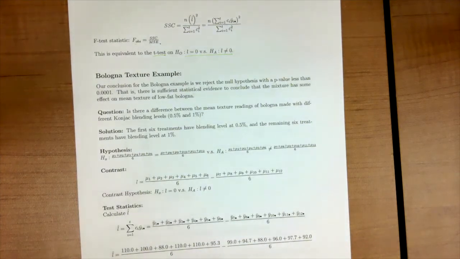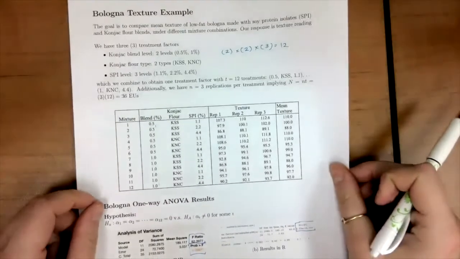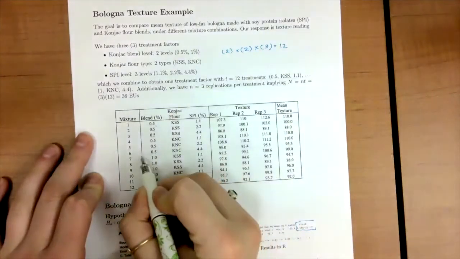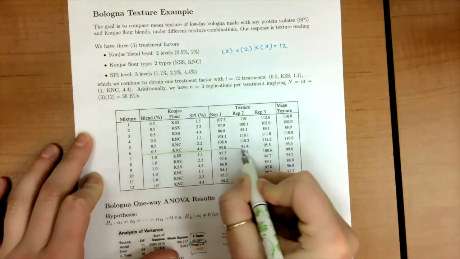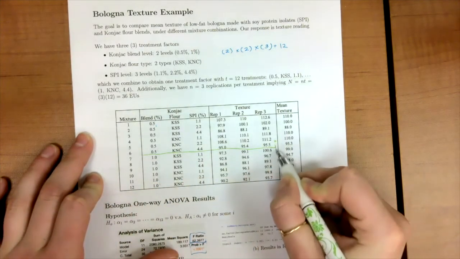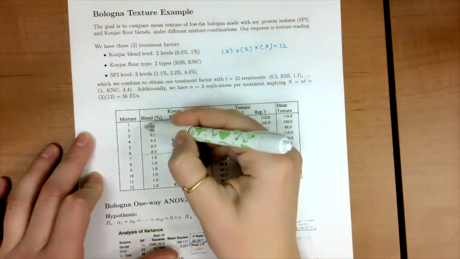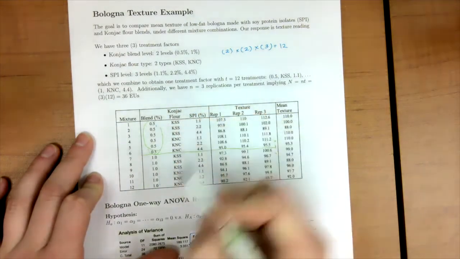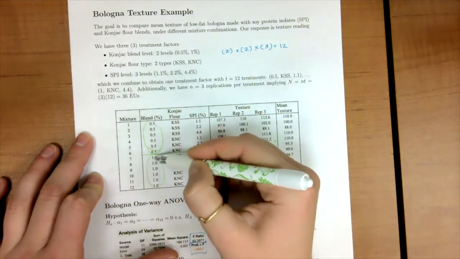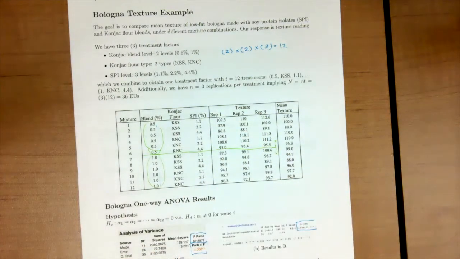The question we want to look at is: is there a difference between the mean texture reading of bologna made with the different cognac blends? So if we look back at our data, we want to compare this upper group with this lower group, because here's the blends of 0.05 and here's the blends of 1.